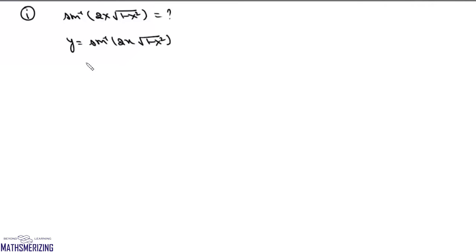So what we'll do is we'll let x as sine theta, or theta is sine inverse of x. And we know that the principal value range of sine inverse of x is from minus pi by 2 to plus pi by 2. Now we'll put x as sine theta.